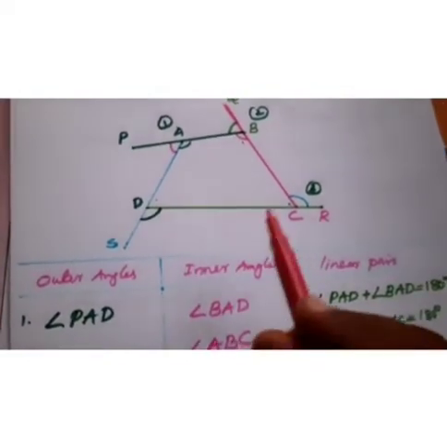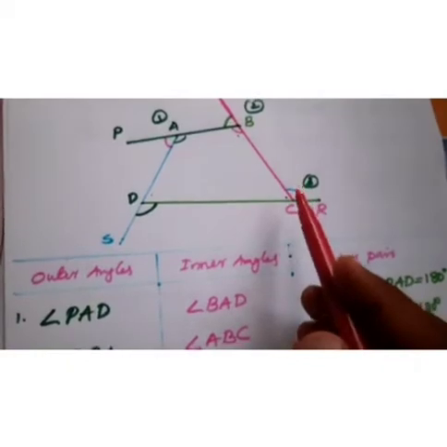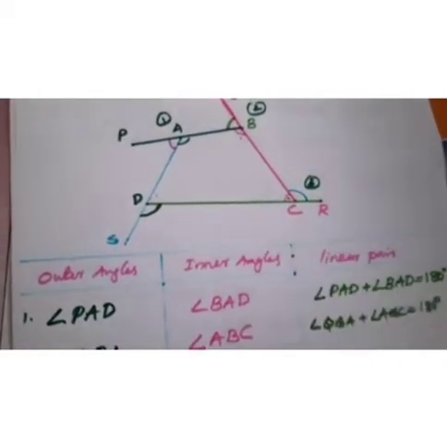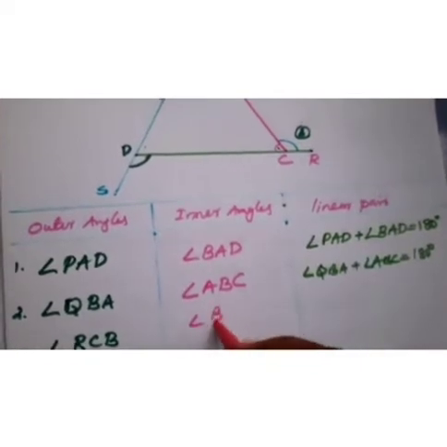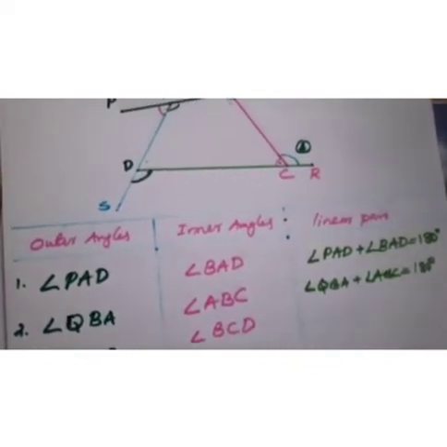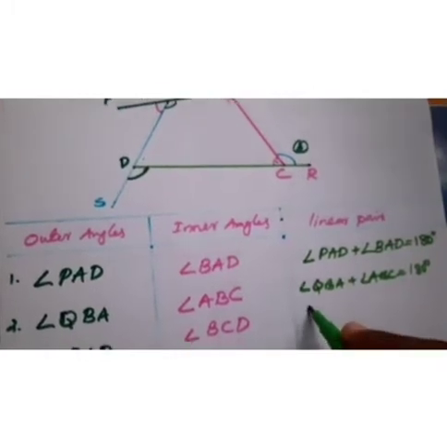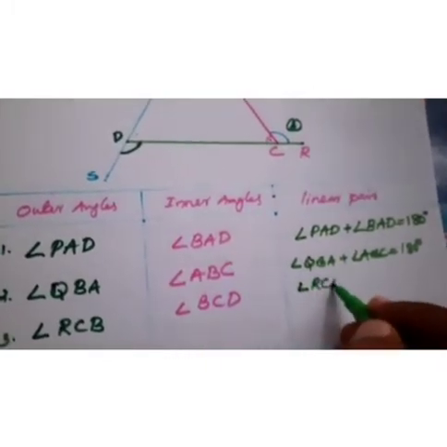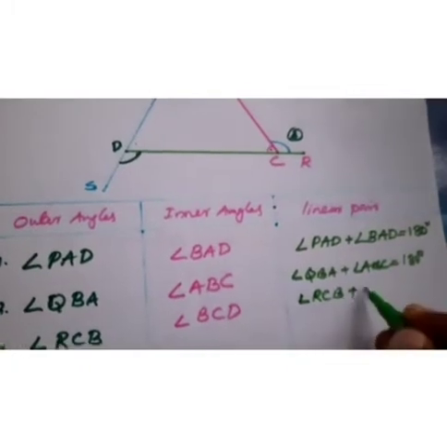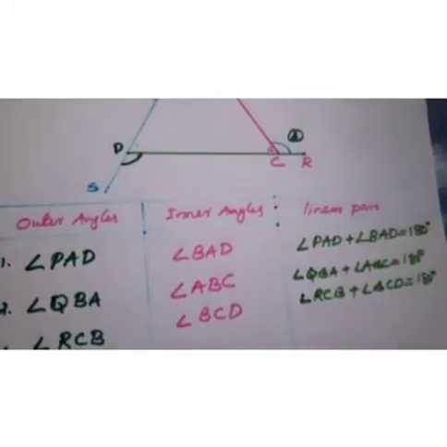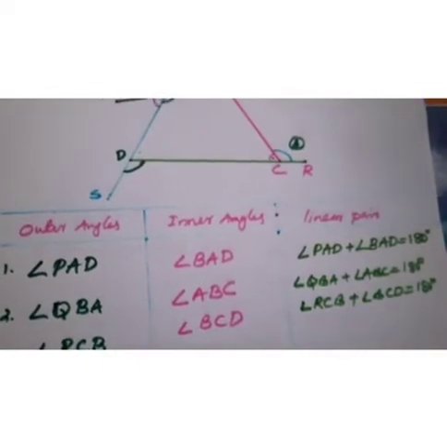Angle BCD is the inner angle. BCD. Then both together, how much is the linear pair? So angle RCB plus angle BCD is equal to 180. That is the linear pair.